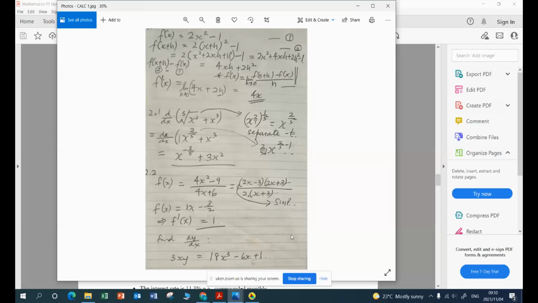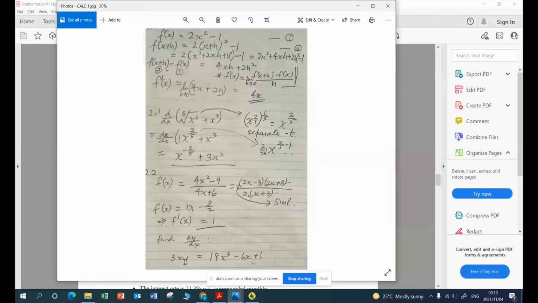Before you find the derivative, you must make y the subject of the formula because you want to find dy/dx. Therefore, you divide each term by 3x.